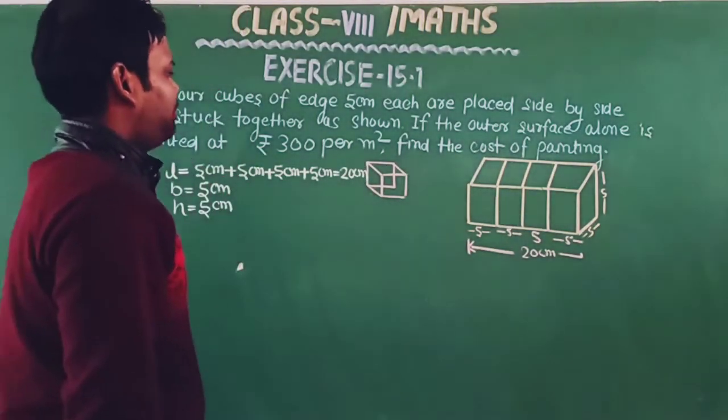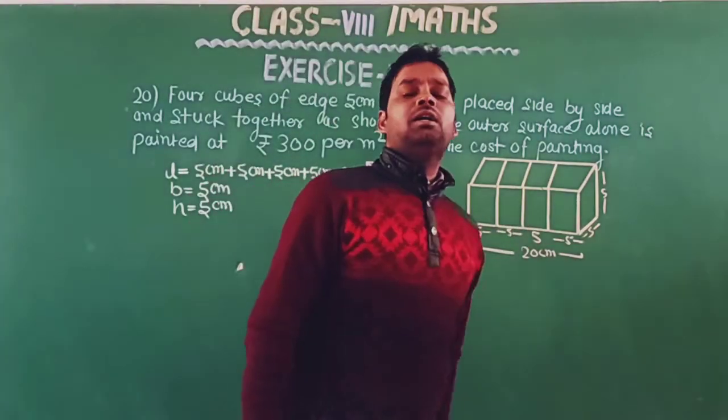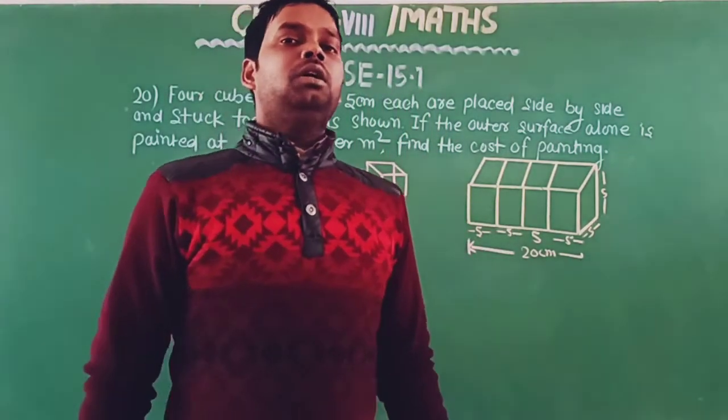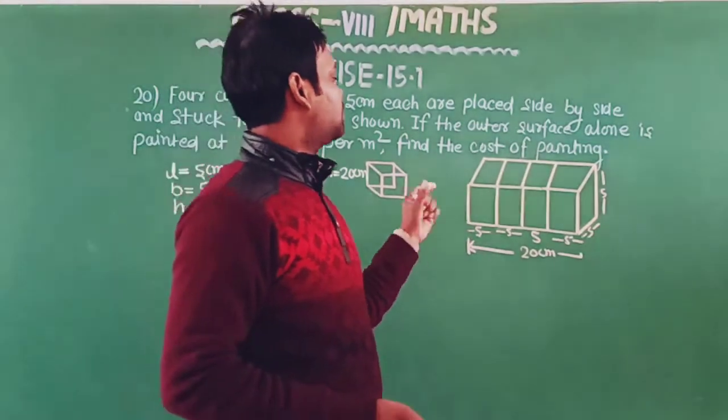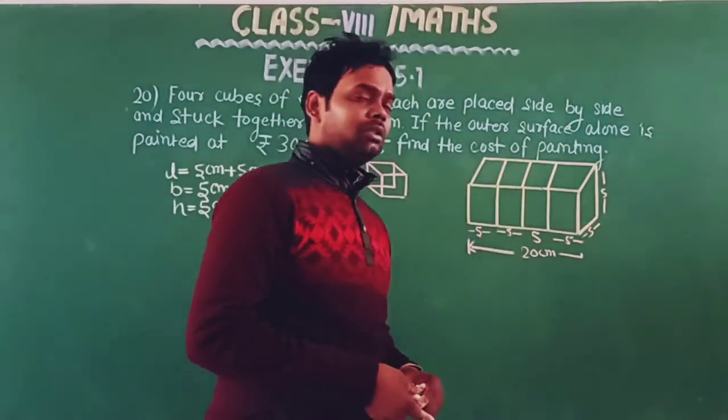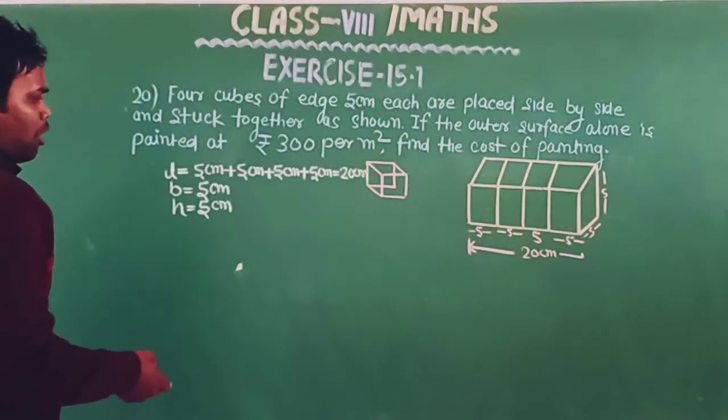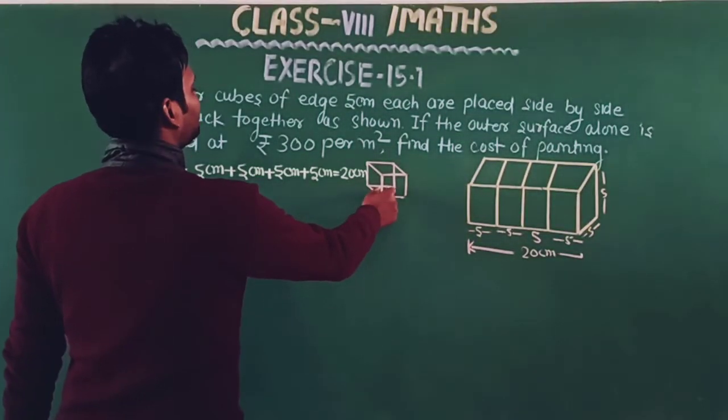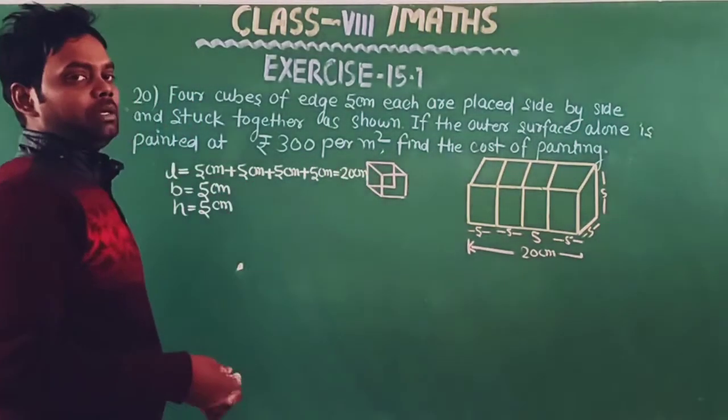Then we have to paint the outer surface area. So this means we have to find the TSA, the total surface area of the cuboid formed by joining 4 cubes of base 5 centimeter.